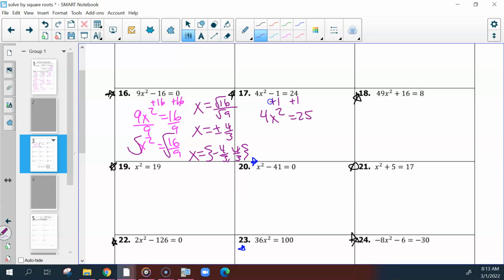And then divide both sides by 4. Again, that's not something we can simplify. But when we take the square root of both sides, we could simplify it and take the square root of each part.